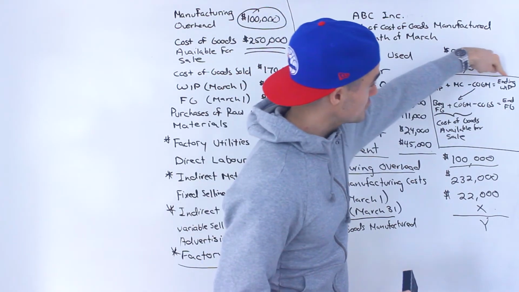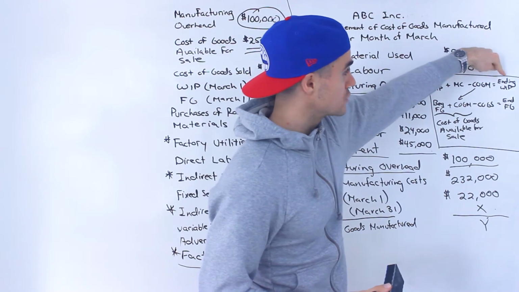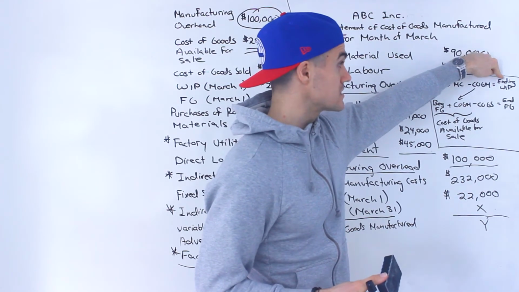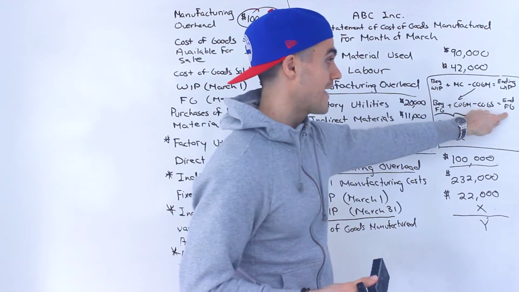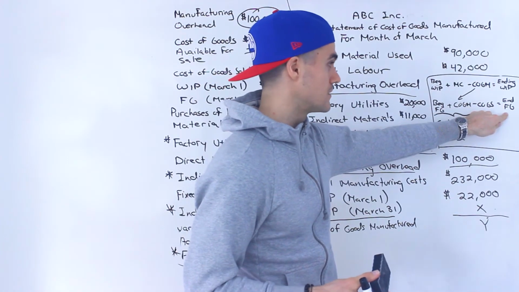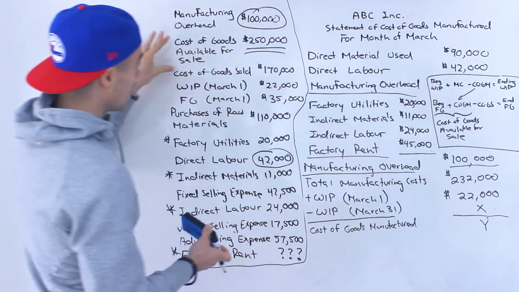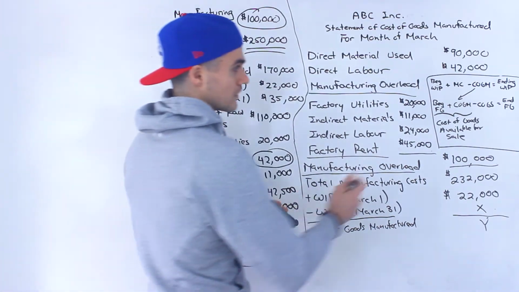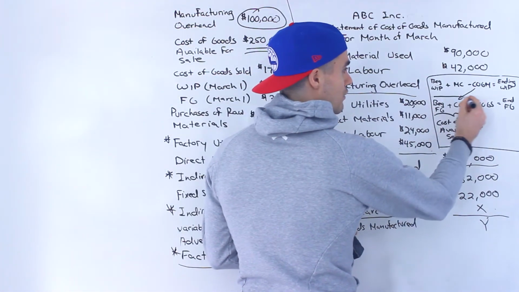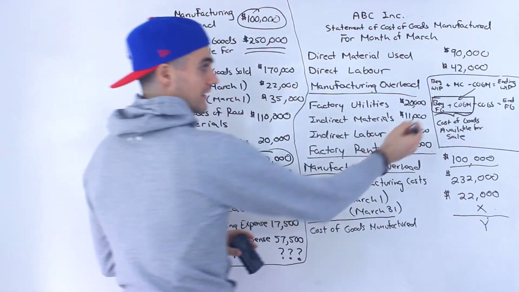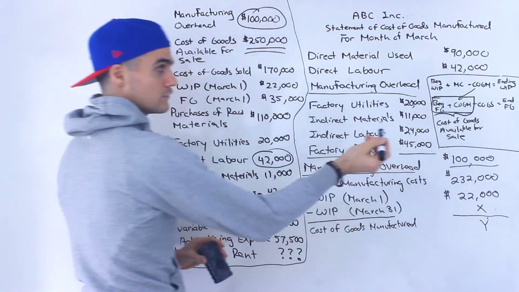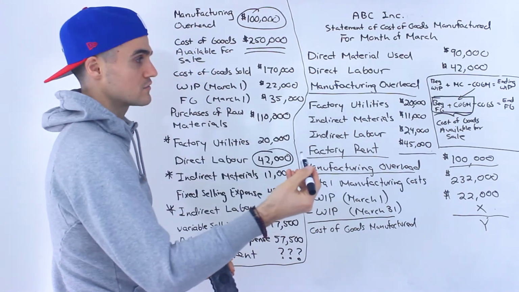So up here we have two unknowns, the cost of goods manufactured and the ending work in process. And then over here we would have two unknowns, cost of goods manufactured and the ending finished goods. But because we were given this cost of goods available for sale, we're given this total over here. And we're given the beginning finished goods, so we could solve for that cost of goods manufactured.